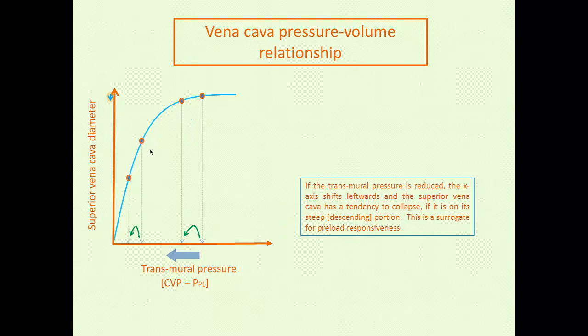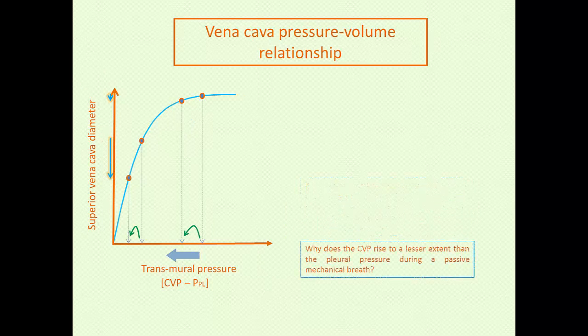But if the patient is down here and you decrease the transmural pressure, that is, you increase the pleural pressure relative to the increase in right atrial pressure, they're going to have a much greater collapse. The superior vena cava diameter is going to go down to a much greater degree, and these patients have been shown to be preload responsive.